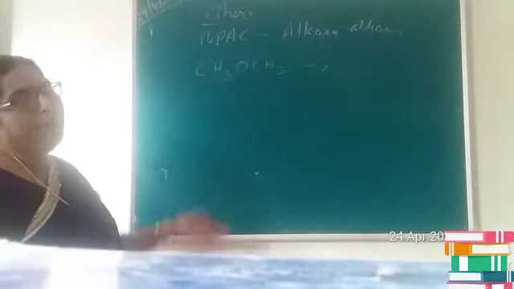Just like alcohols, ethers also show different types of structural isomerism. The first one is functional isomerism. When we studied alcohols, we saw that alcohols and ethers are functional isomers of each other. So let us consider functional isomerism.